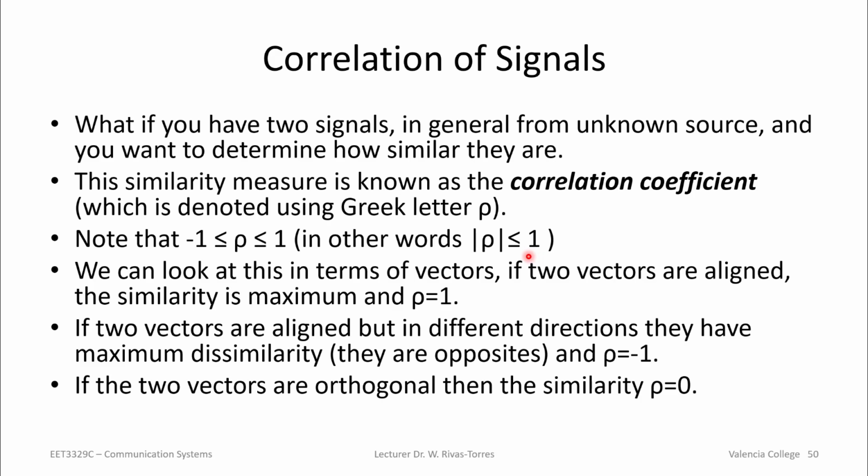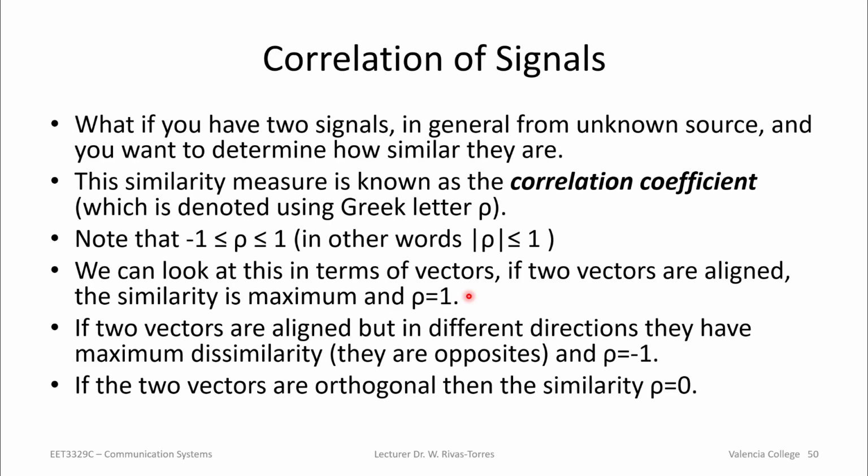Again, looking at it in terms of vectors, if you had two vectors and they align perfectly, their correlation factor will be 1. If the two vectors are aligned, but pointing in different directions, that means they're opposite to each other, and therefore the correlation factor is -1. It's not 0, it's -1. They're opposite to each other, right?